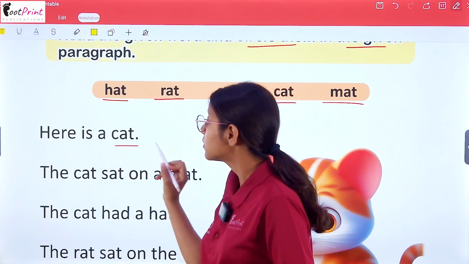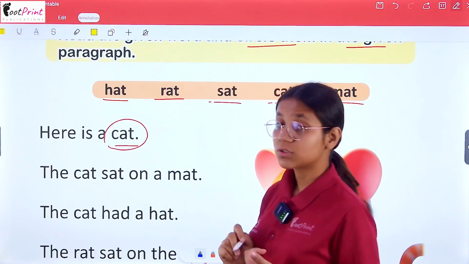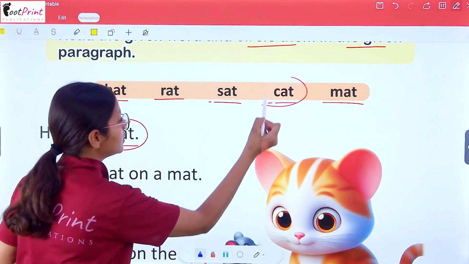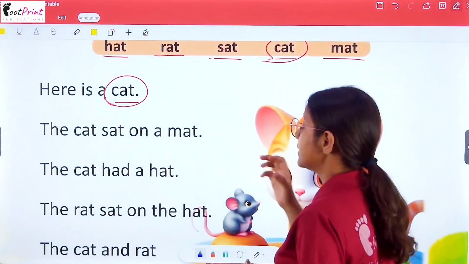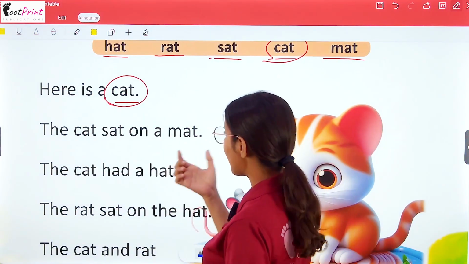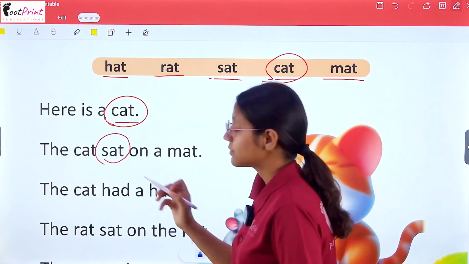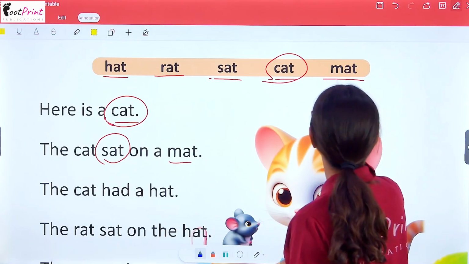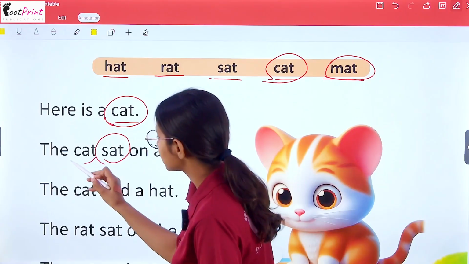According to the box, the word cat, we have circled it. Now, the cat sat on a mat. We are circling the word sat. Now, here is the mat. We will circle the words mat and cat.